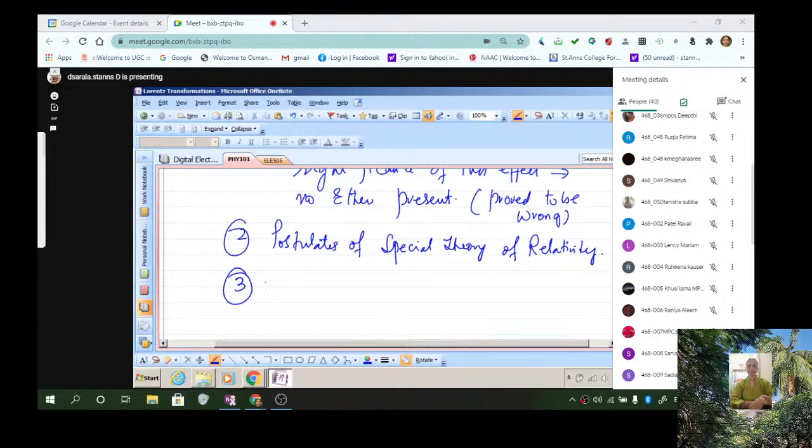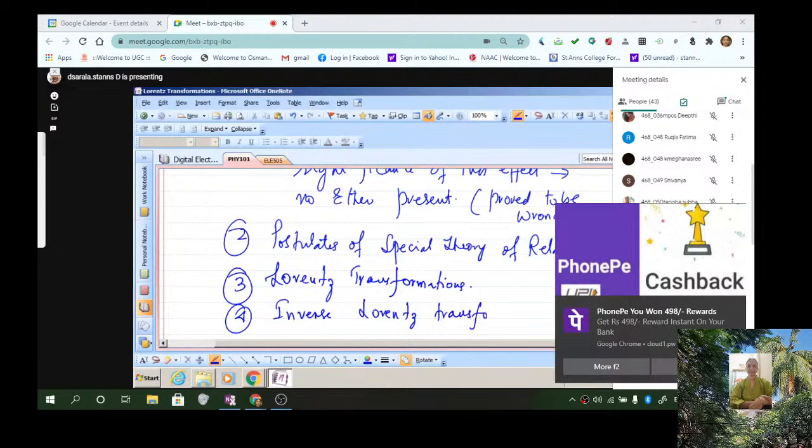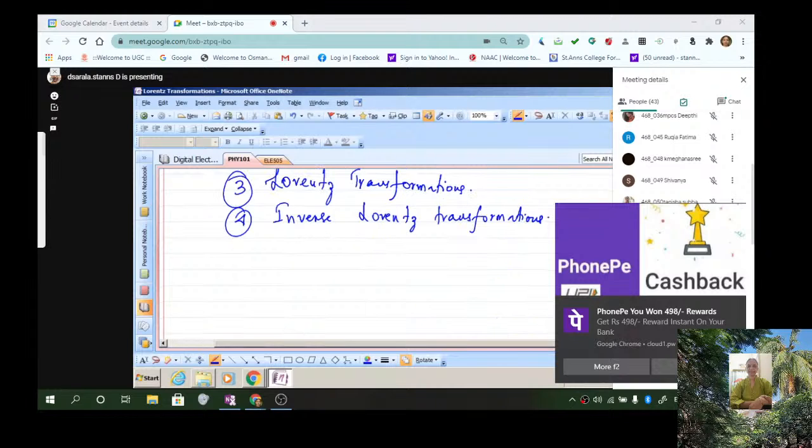Then we talked about Lorentz transformations. And once you define Lorentz transformations, we also discussed inverse Lorentz transformations. So this is what we have discussed so far.